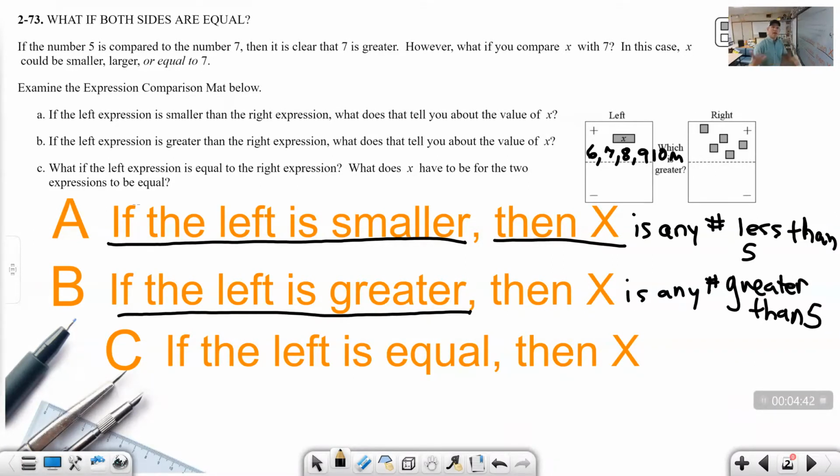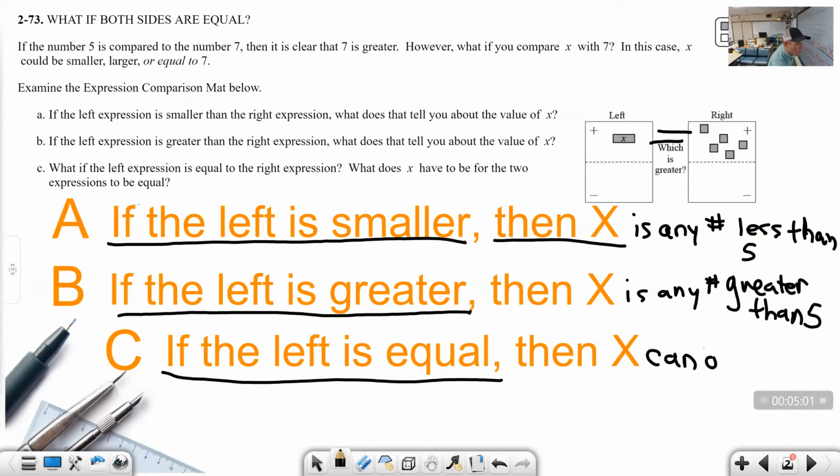Now notice, we've got all these numbers that are smaller than 5, bigger than 5, but it can't be 5 because that's not greater than, that's not less than. If the left is equal, if these are exactly the same, then x can only, the key word here is only, there's only one number, only be 5. That's the key. It can only be 5.